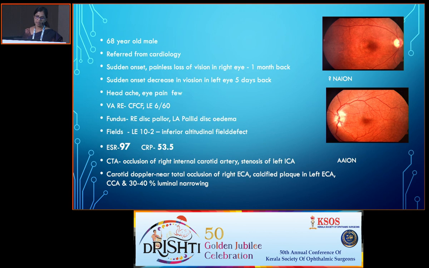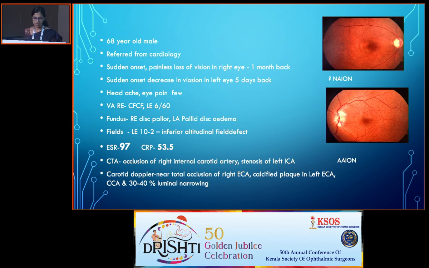A 68-year-old male presented, referred from cardiology for ocular examination. He gave a history of sudden onset painless loss of vision in the right eye 1 month back, and he had painful loss of vision in the left eye 5 days back. Visual acuity was counting fingers close to face in the right eye and 6/60 in the left eye. The right eye disc was pale, and in the left eye there is pallid disc edema.